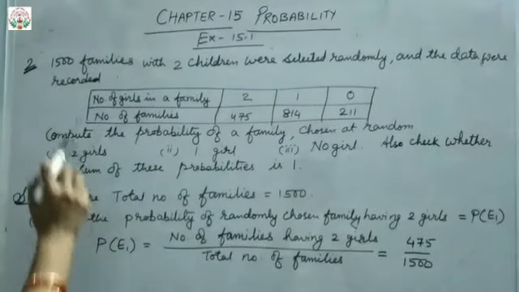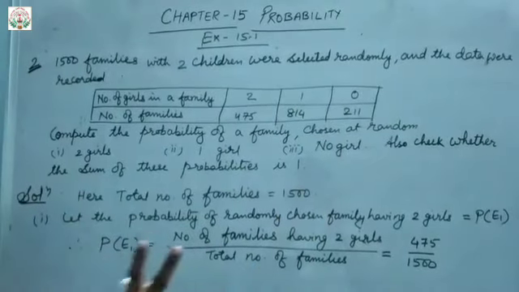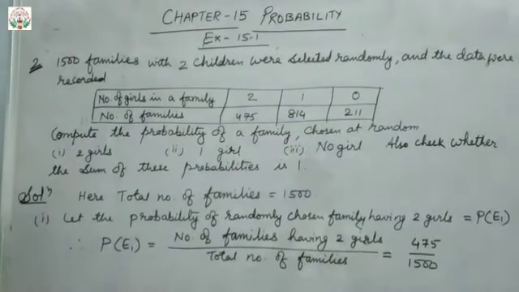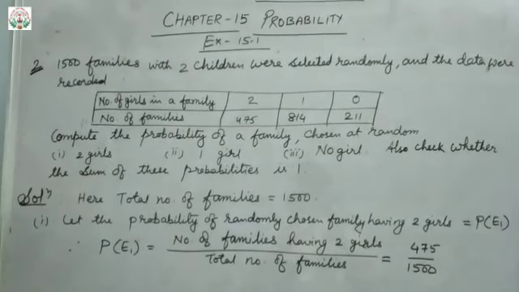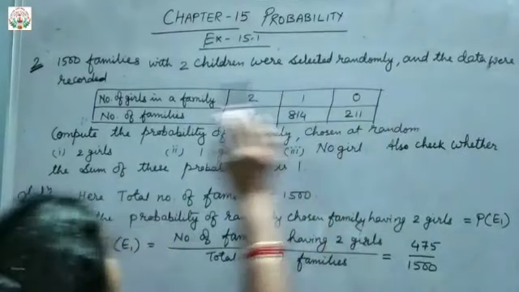Second question: 1500 families with 2 children were selected randomly. Two children means it could be 2 girls, or 1 boy and 1 girl, or no girls at all, meaning both are boys. The data were recorded.